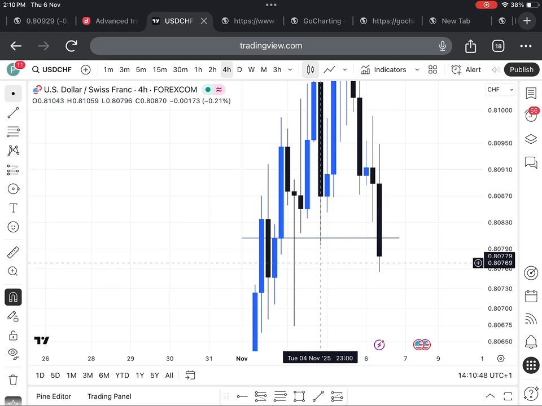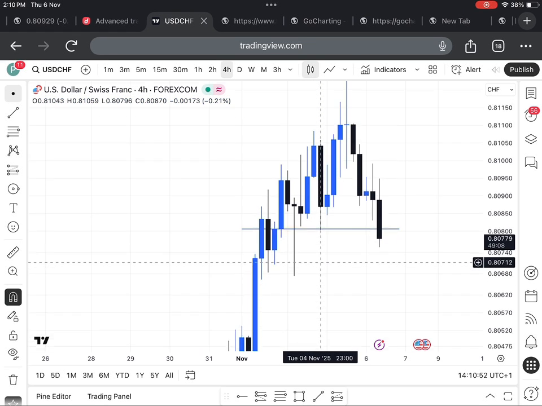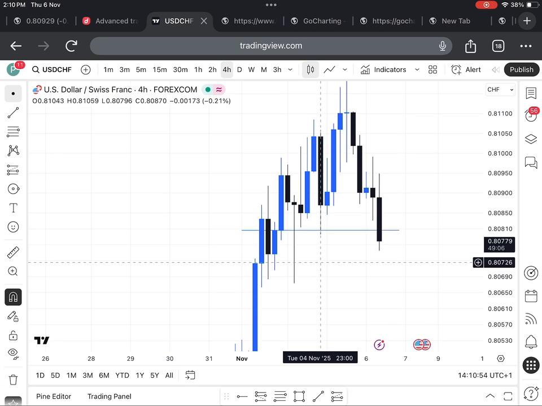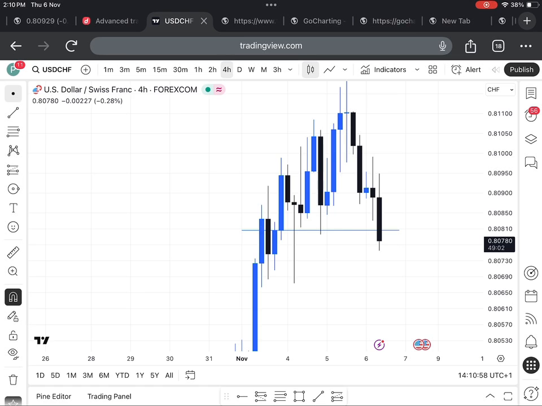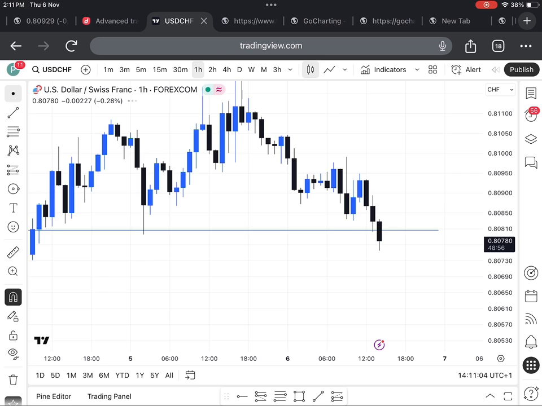This was when it tapped to that key level. There's a way this candle closes. So this is when price pulled back to that key level. You can see that price has pulled back to this key level.